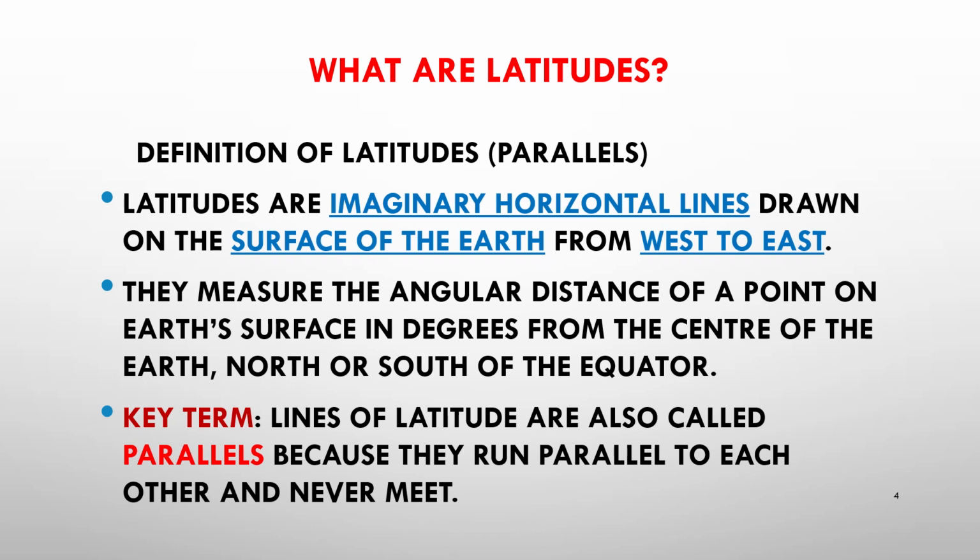Understanding this terminology is important because when you read geographical texts or listen to geographers discuss Earth's coordinate system, you will hear the term parallels used interchangeably with latitudes. Now, you know they mean the same thing. Okay, good.